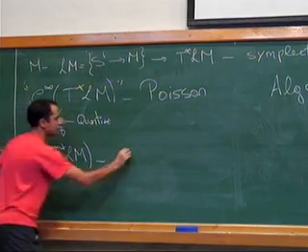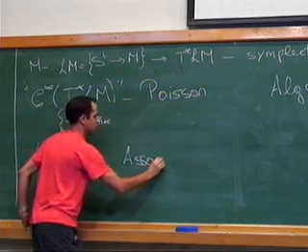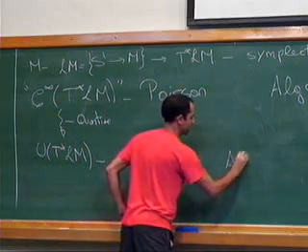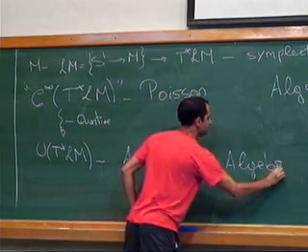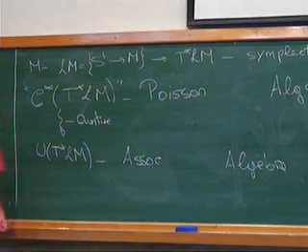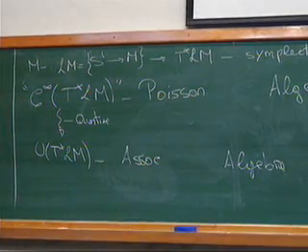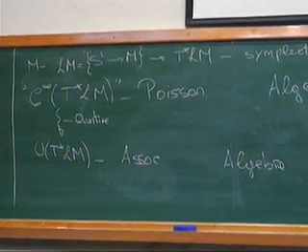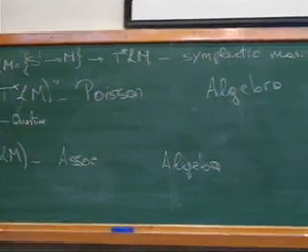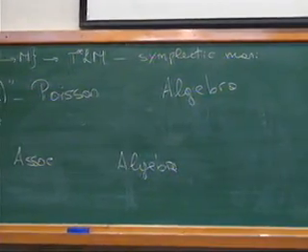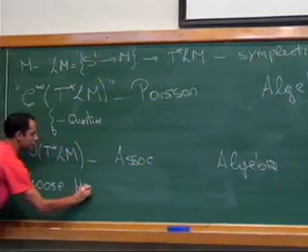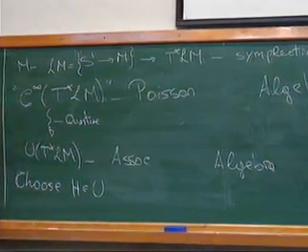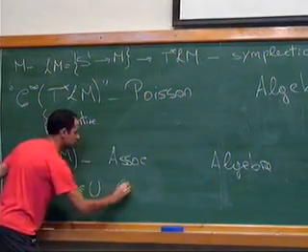And whatever quantization is should be some form of associative algebra. And later I'll argue that our quantization is good in any way, because we can choose an element H inside of this algebra U and call it Hamiltonian.